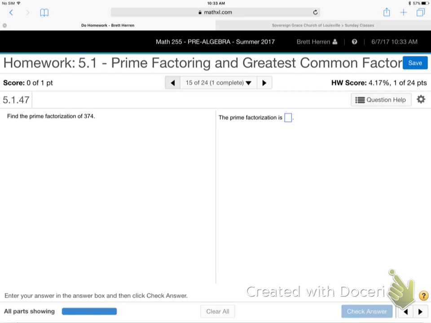So try 374. Break down the 374. When I look at 374, I don't know what's in there.